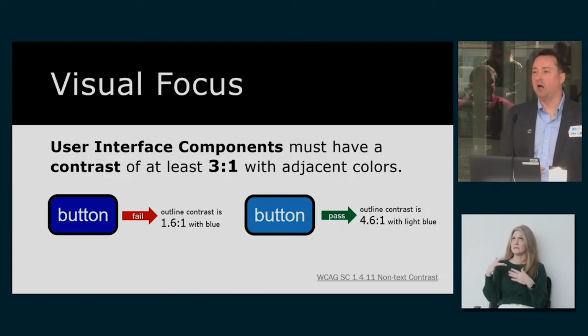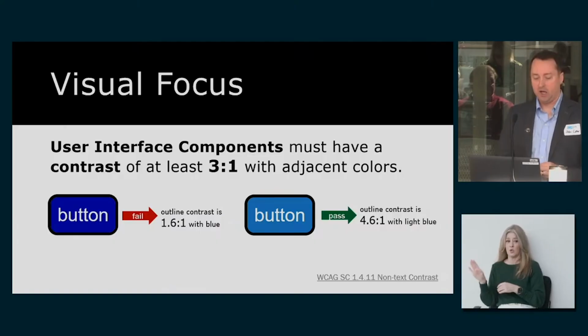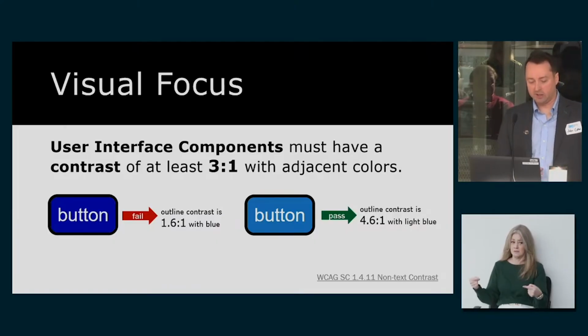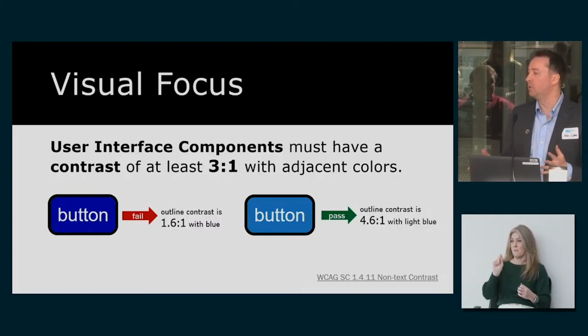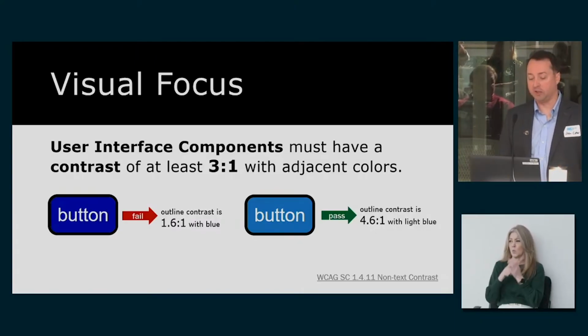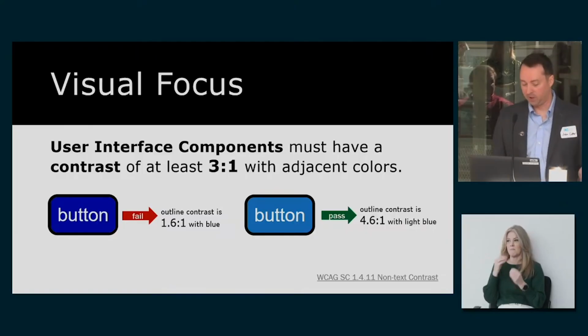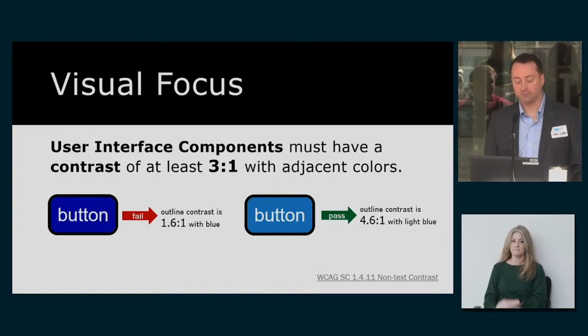So this black outline, when you measure that against the background color of the button, those adjacent touching colors, you're going to use a contrast testing tool to test that. When I tested this dark blue and the black, I got 1.6:1. So that's below that 3:1 required contrast. But with the lighter button, it measured 4.6:1. And that's why it's so much easier to see that visual indication of focus.